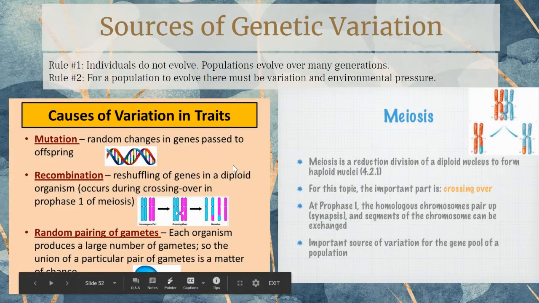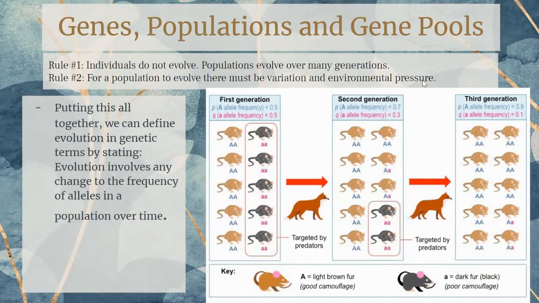It didn't matter before the environmental pressure came into play. The variation was just like, whatever, you're light brown, I'm dark gray. We're still 50-50 because there was no environmental pressure. But now that the fox moved in, we've got environmental pressure, and the fox is able to see the gray mice because they're not as good at camouflage.